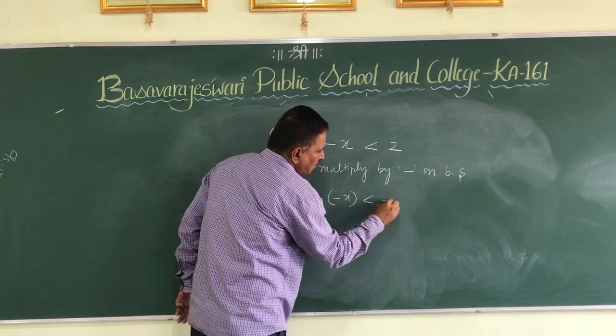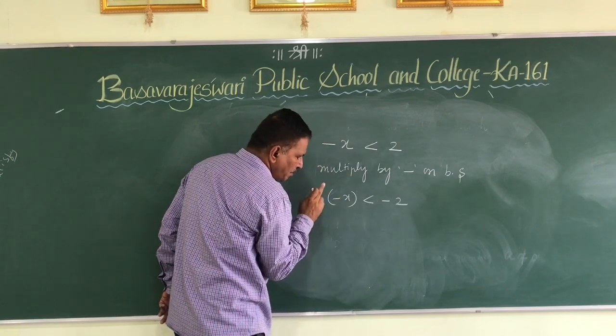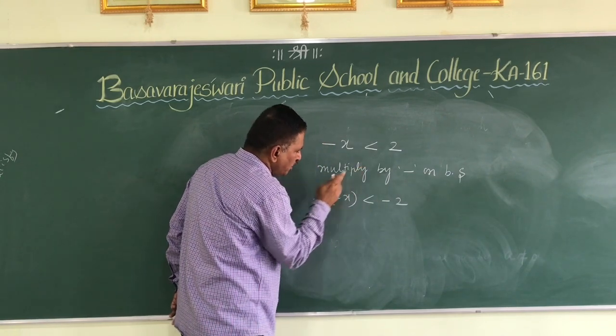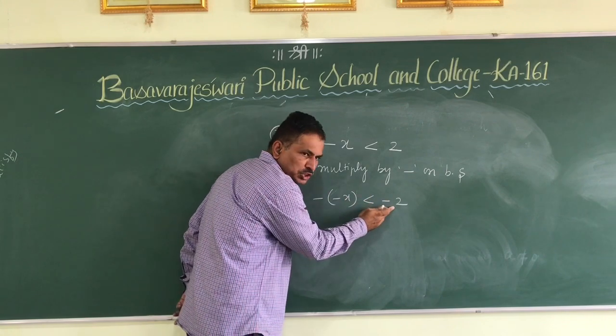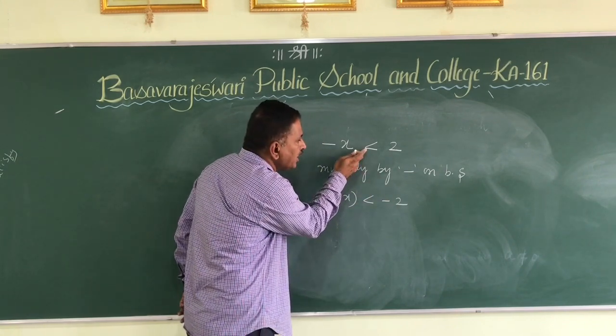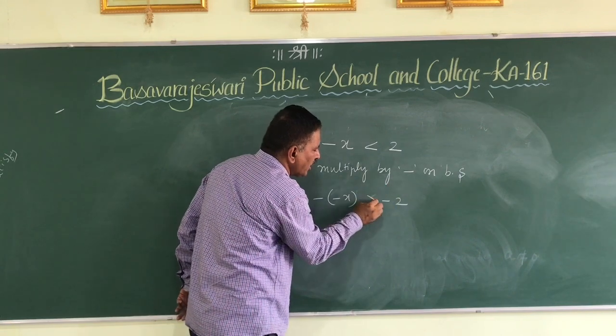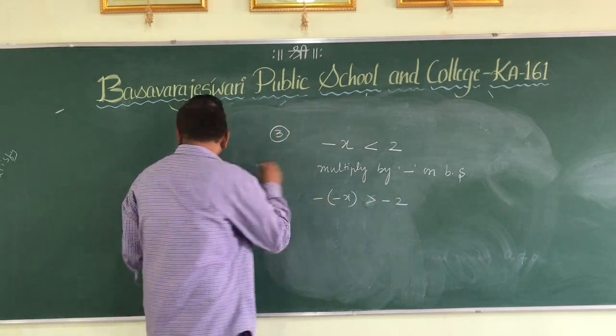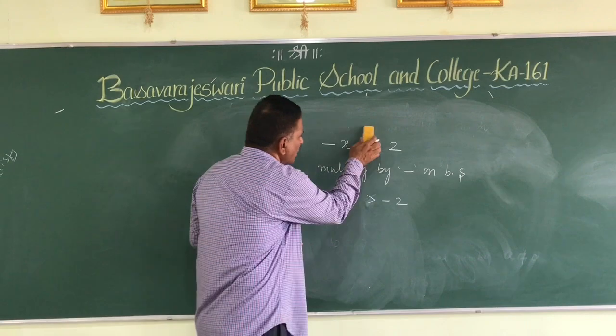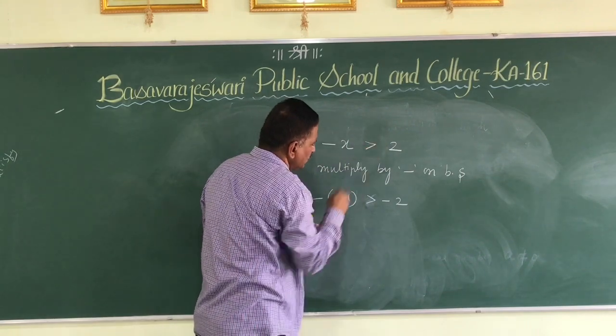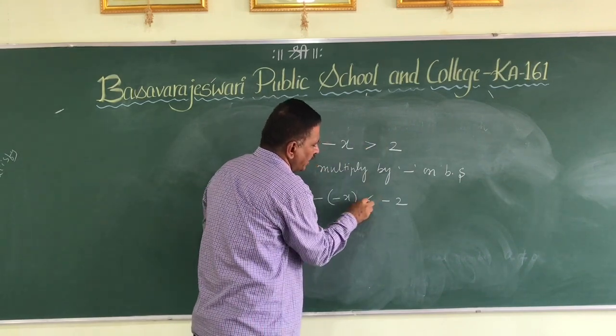Less than minus 2. Remember again I am telling you, when you multiply both sides with a negative sign, the inequation changes. That means lesser than will change to greater than. Suppose if it is greater than here, it will change to lesser than.